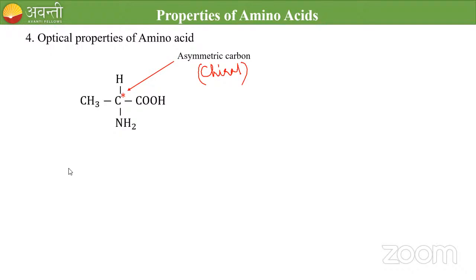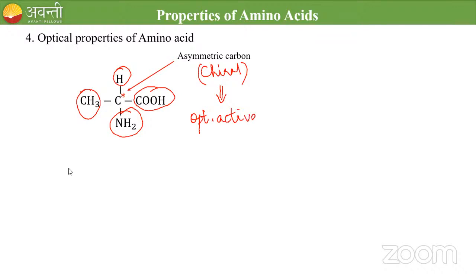Okay. So here we have hydrogen on one side and CH3 on the other side, and NH2 is the third group and COOH is the fourth. So all 4 of them are different. So that's why the central carbon is a chiral carbon. If a compound has a chiral center, then that compound will be optically active.